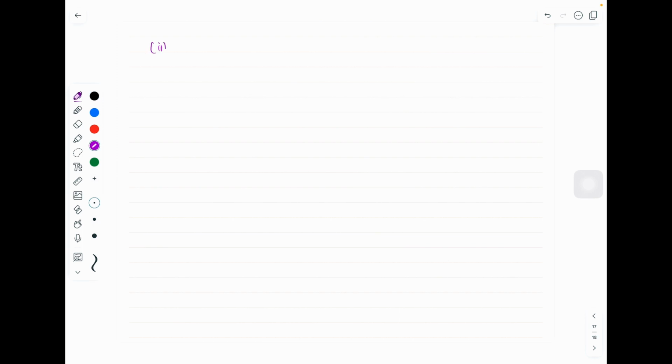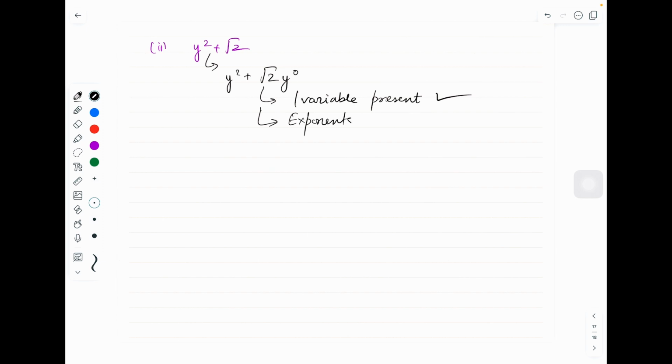Second question, it has asked y square plus root 2. You write this y square plus root 2 can be written with y to the power 0. See, one variable present. Okay, second, exponents. Exponents are 2, 0.